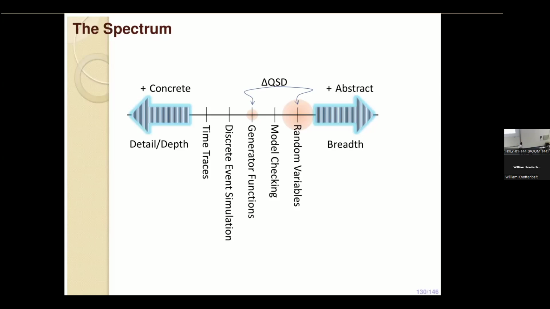There are those which go to the extreme right, and therefore can more quickly produce results, but with less detail at the beginning at least. One of the interesting things about ΔQSD is that because of the rewrite rules, you can always drill down upon request. ΔQSD has mostly focused on those two. This picture is not the most up-to-date that we have in our minds, but it's the most up-to-date that we have. There are other dimensions to this.